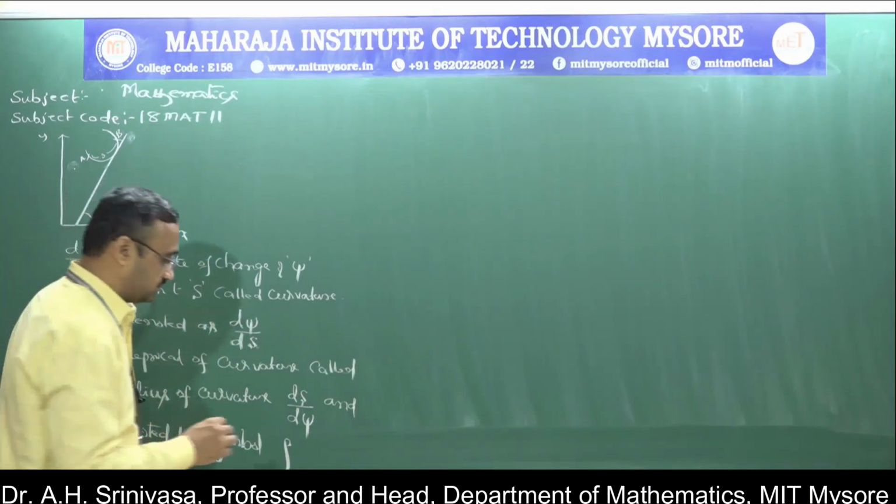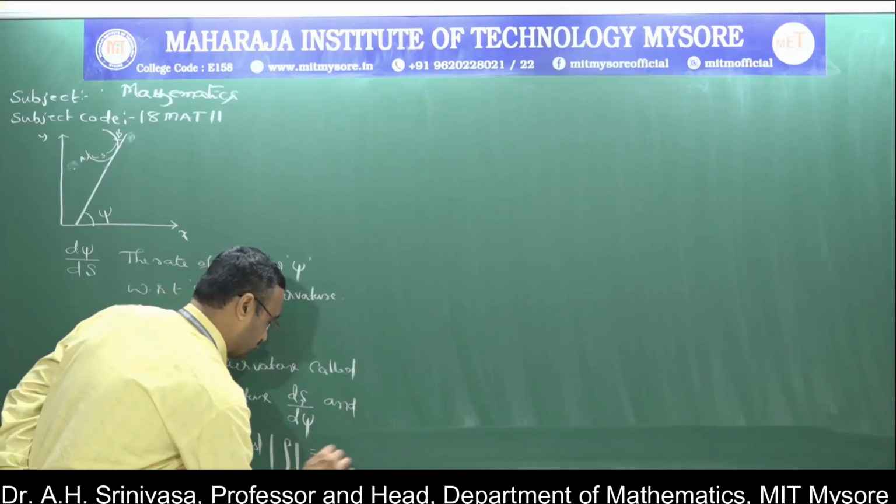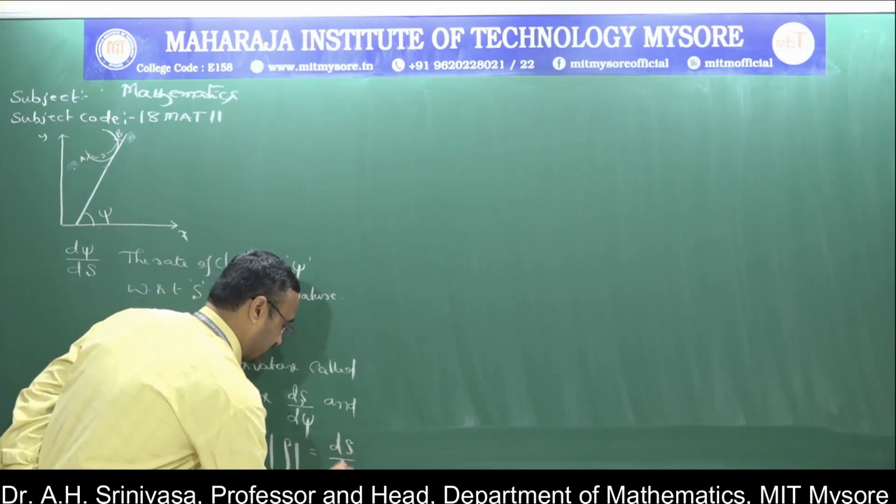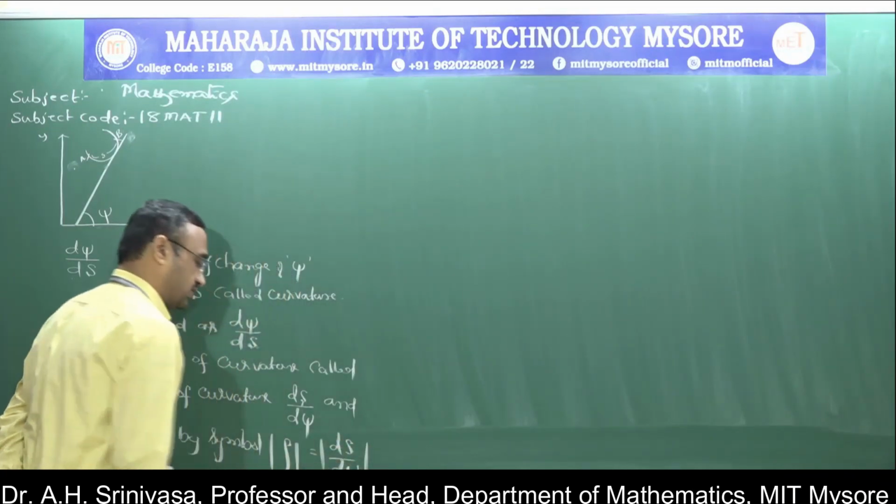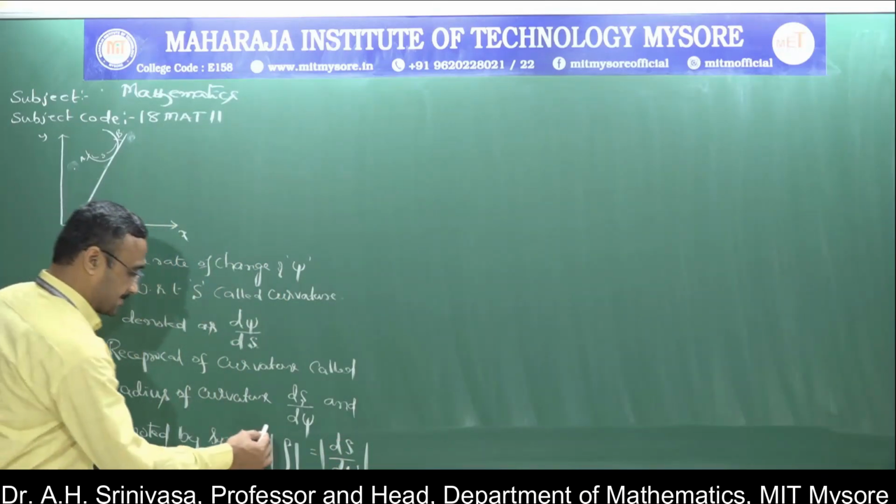It is an absolute value, the modulus of ds by d psi. So this we call the radius of curvature.